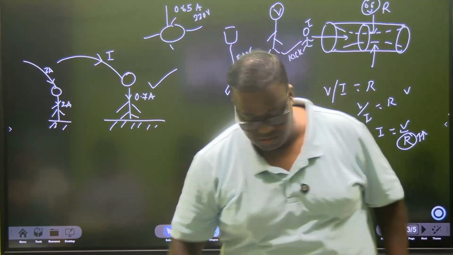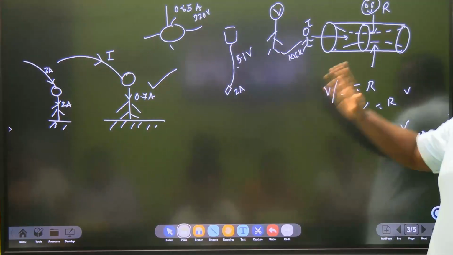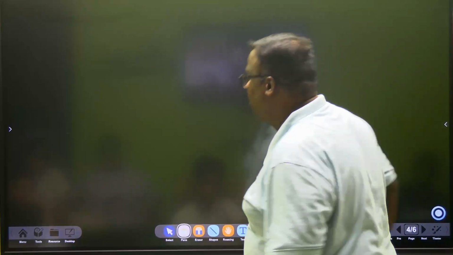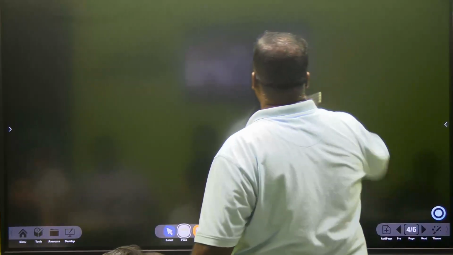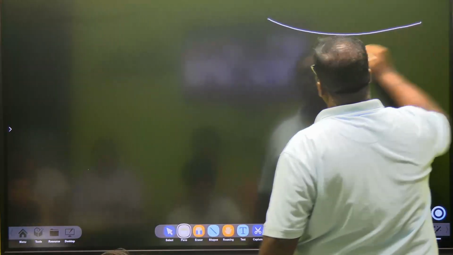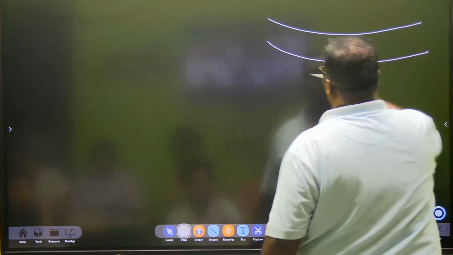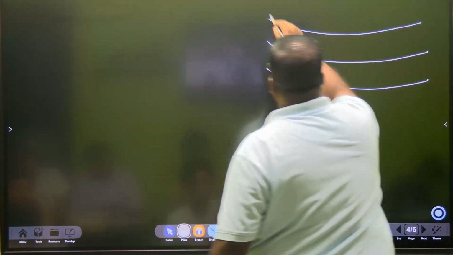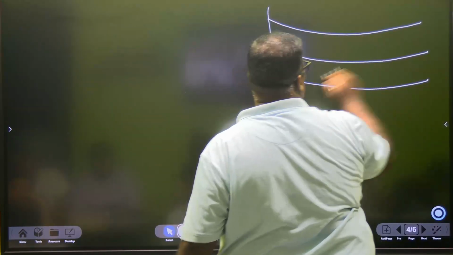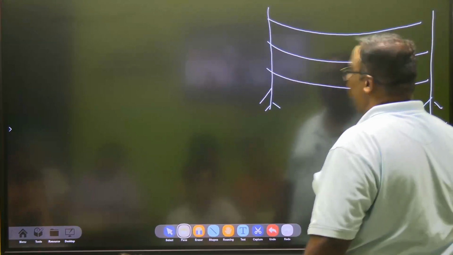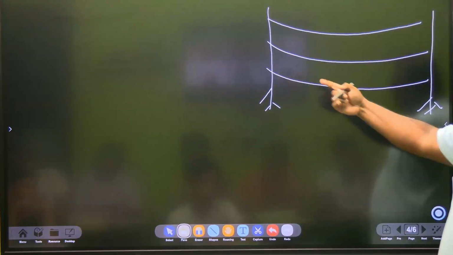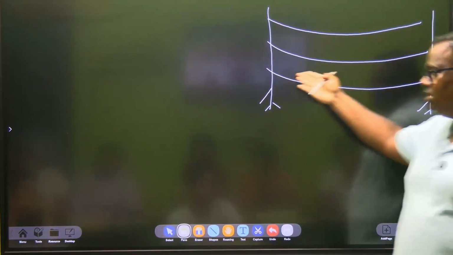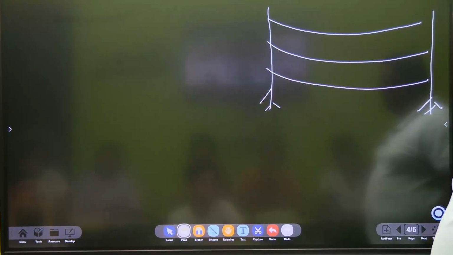Now the next question, some important questions, because if these things are clear, then only you will understand current electricity. Second question. These are electrical wires which are running from Anurag's house to our house in Pebble City along the ORR. He is in Prestige near Continental and this is Pebble City.